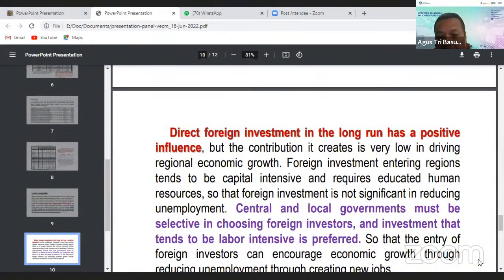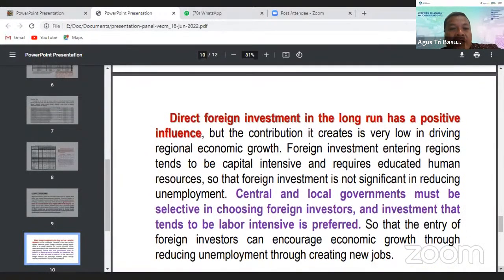Second conclusion: direct foreign investment in the long run has a positive influence, but the contribution it creates is very low in driving regional economic growth. Foreign investment entering the region tends to be capital intensive and requires educated human resources, so foreign investment is not significant in reducing unemployment.